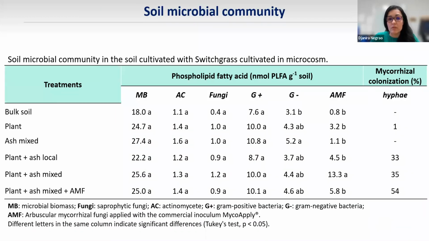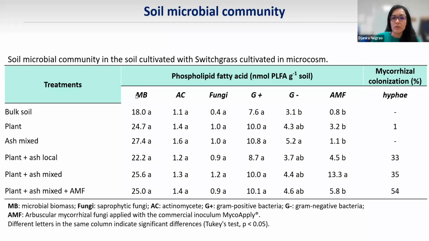And here I bring some results about the soil microbial community. From the 6 treatments, we analyzed the phospholipid fatty acids, which gives us an idea of how the microbial community responds to the treatments.